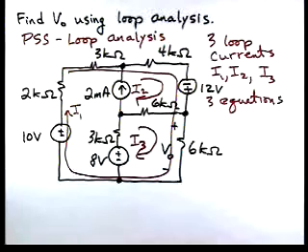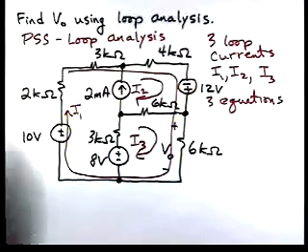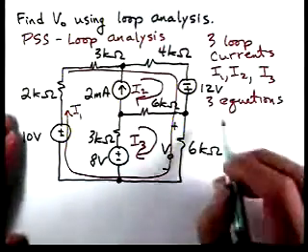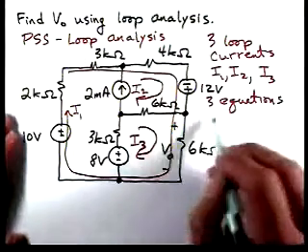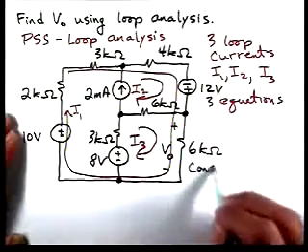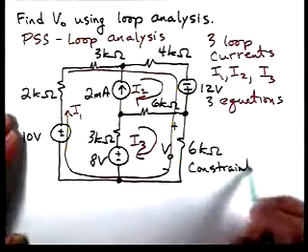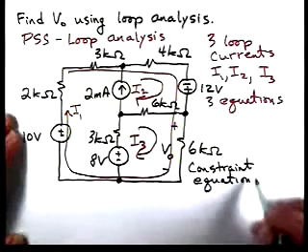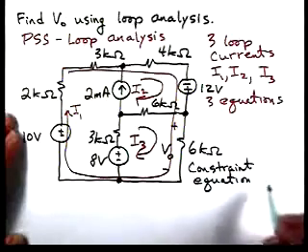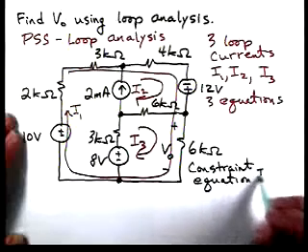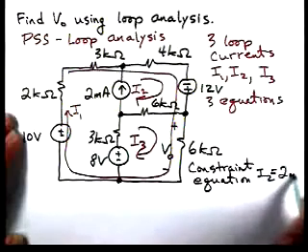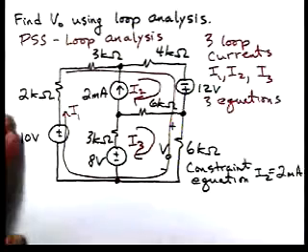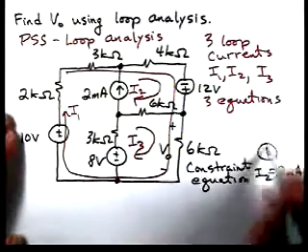It's a constraint equation. So now when we have current sources in loop analysis, we get a constraint equation. And that constraint equation is pretty simple. It's I2 equal to 2 milliamps. So here's one of our equations.